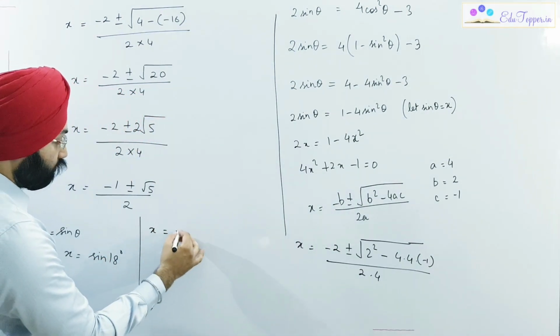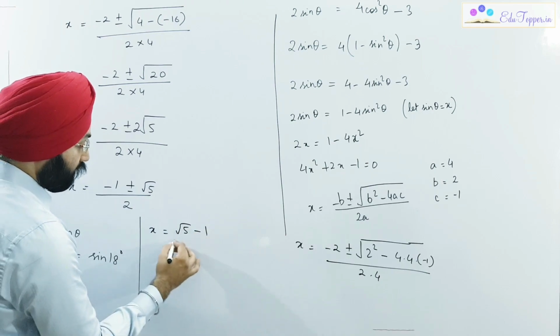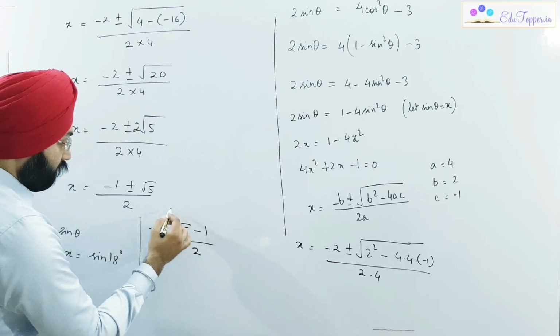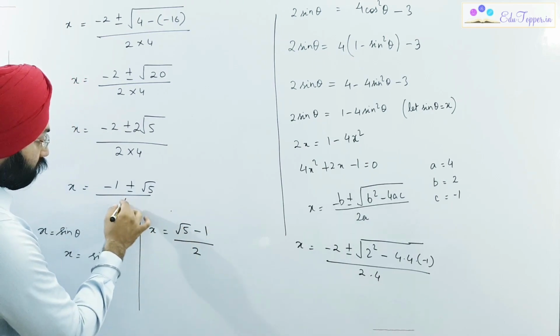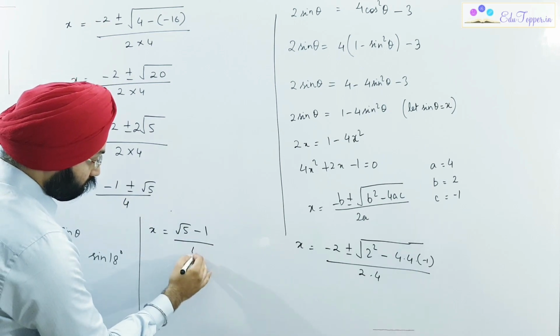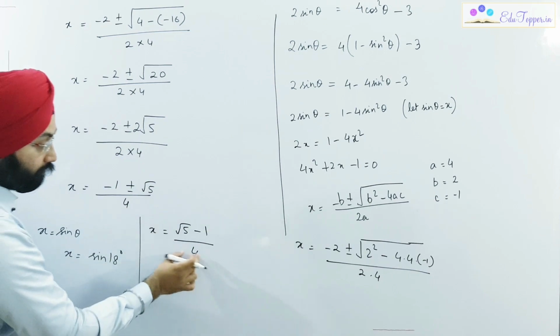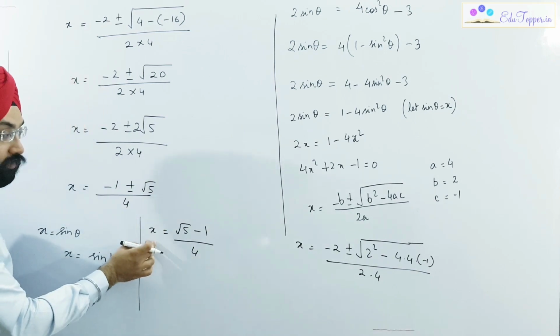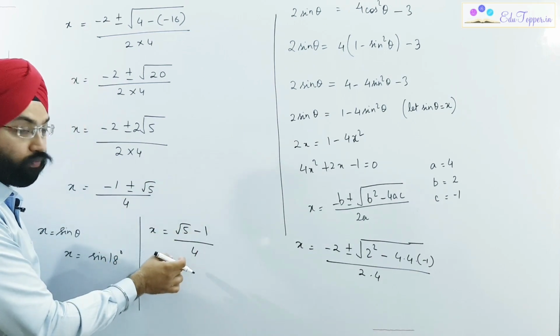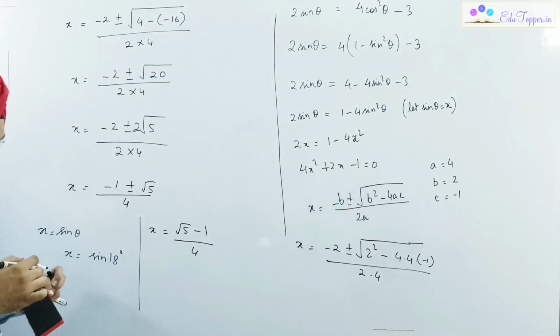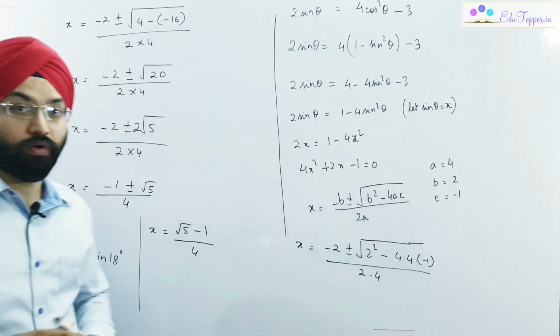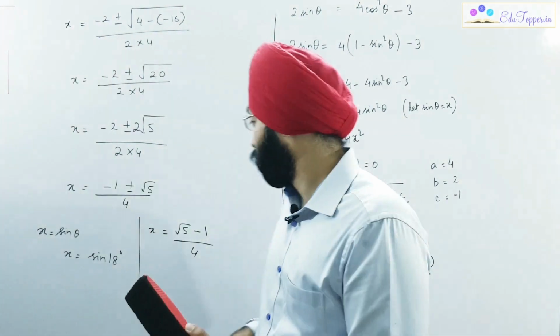X will be equal to root 5 minus 1 by 2. This will be by 4. 2 into 4, the 2 will get cancelled, the remaining part will be 4. So the value of x will be root 5 minus 1 over 4. And this is the value of sine theta.